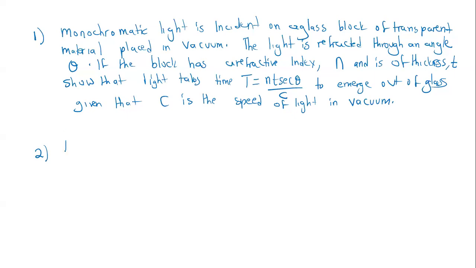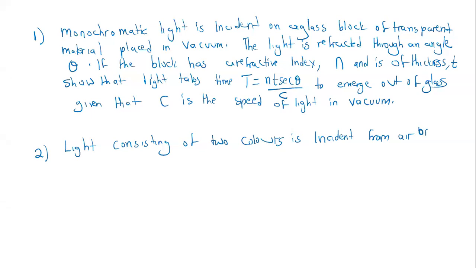Then another one you can try out: light consisting of two colors is incident from air on a glass block of index n.